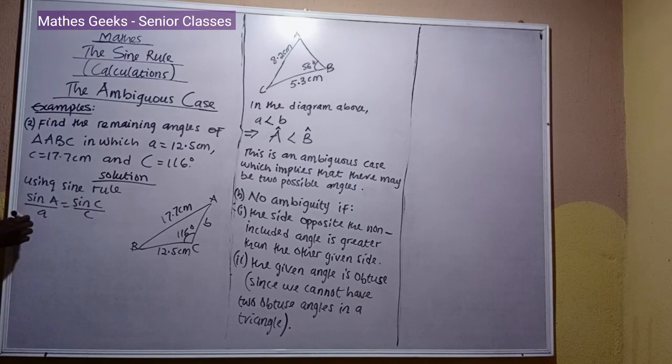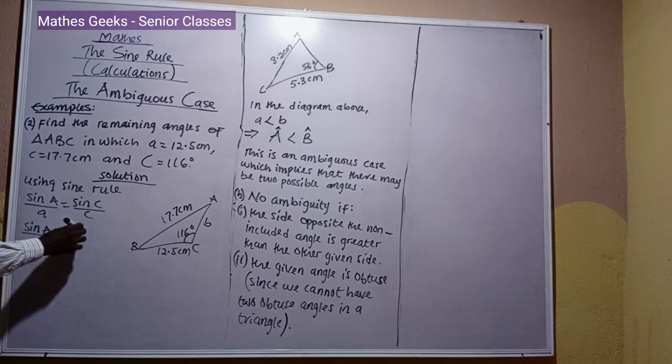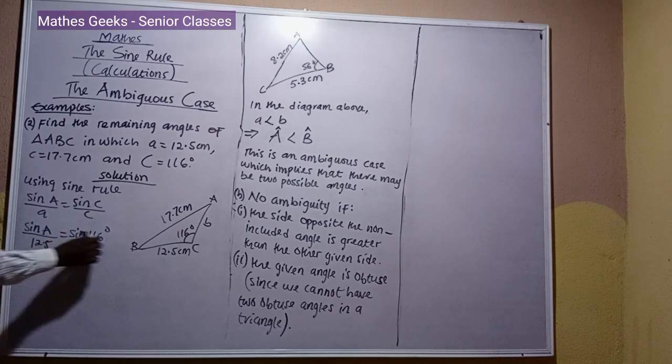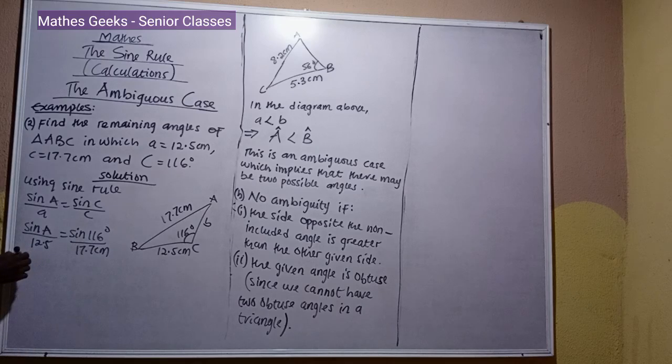Sine A is what we are looking for, and side a is 12.5, sine C is sine 116 degrees over 17.7 centimeters.